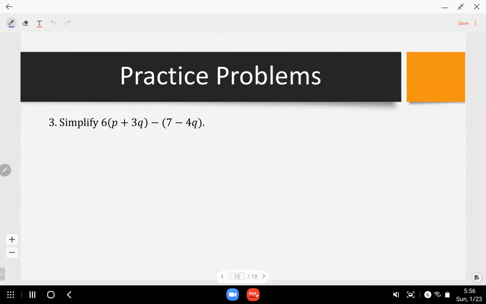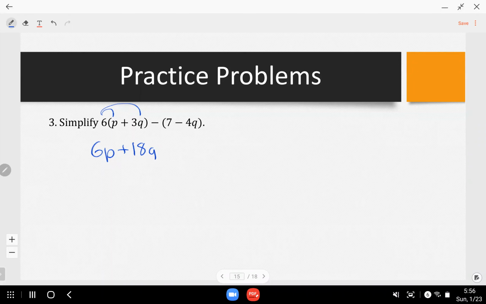So let's see which one is correct. Remember that we have distributive property here. 6p plus 18q, that's our first part. Now, the second part is what a lot of people miss. We don't have any number in front of this 7 minus 4q, just a negative sign.